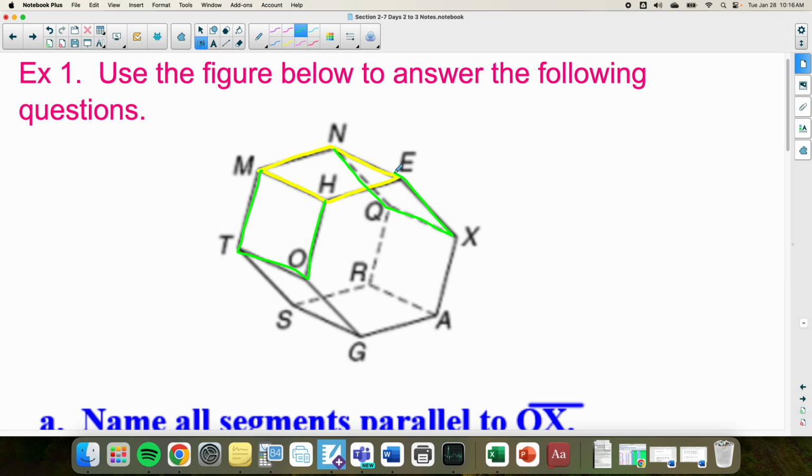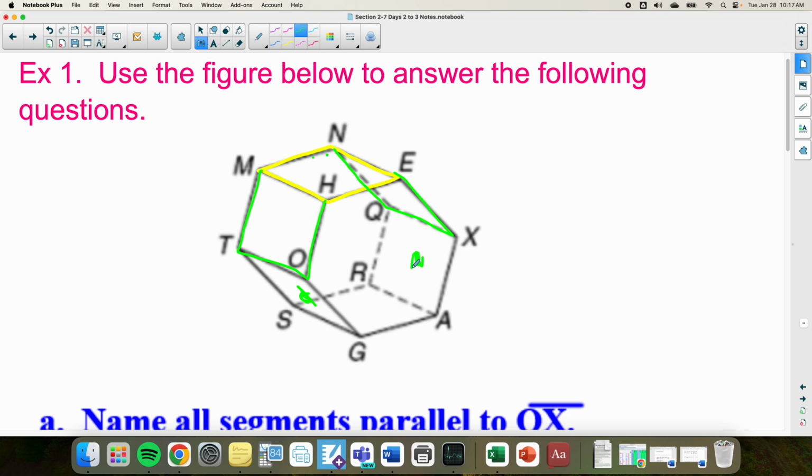So if you imagine this yellow plane extending in all four directions, and then this one coming up the side, extending, and this one extending, do you see that they would touch? Now, do I expect you guys to write that? No. But if you checked your answers with the book, they would include this one right here and this one right here. Okay, I just wanna point that out.